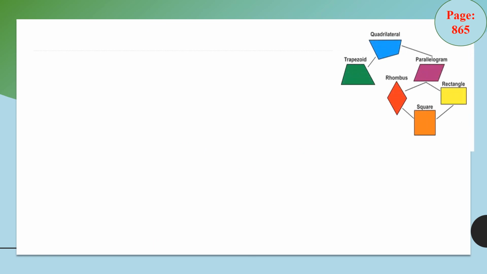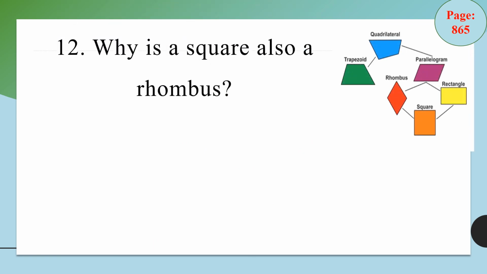Now let's solve one more problem from your classwork. Problem number 12. Why is a square a rhombus? Now look at the figure carefully. Rhombus and square. What are their properties? Yes, rhombus and square both are parallelograms.